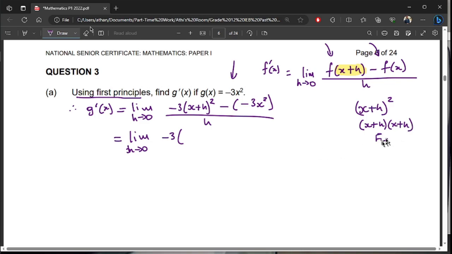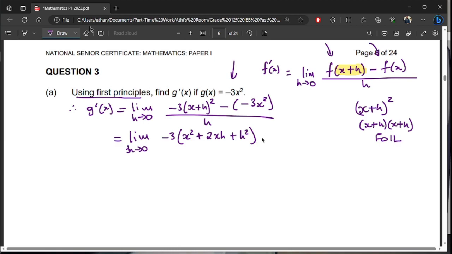Then you start now by applying FOIL here. Please do it on the side. I'm just going to write it here quickly. This would be x squared plus 2xh plus h squared, and then close bracket. Yes, that's our FOIL.